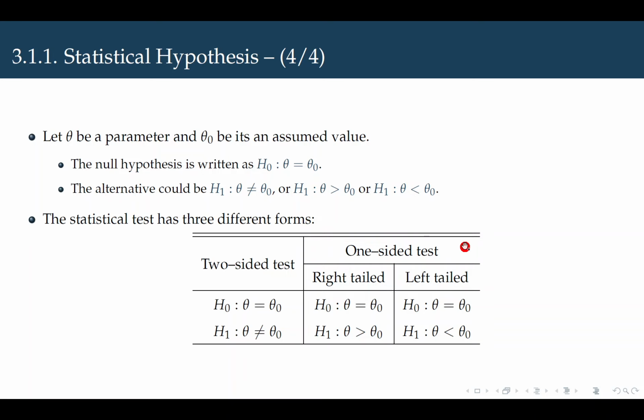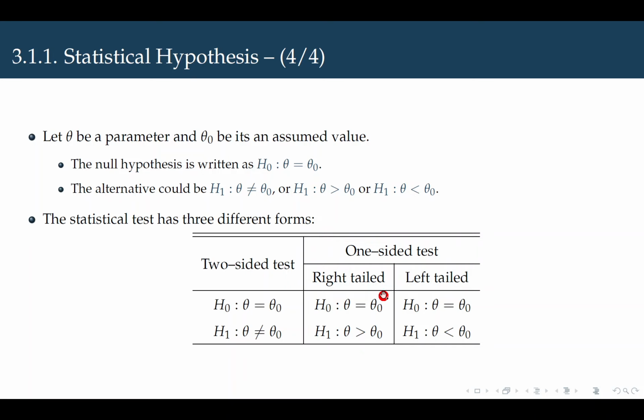So this test is said to be two-sided test. In the case of the one-sided test, we could have a right-sided test or right-tailed test, or left-sided test or left-tailed test. In the right-tailed test, here H naught we write always as theta equals theta naught. Then the alternative is theta is greater than theta naught. So here we are particularly interested whether the population parameter is greater than theta naught or not.